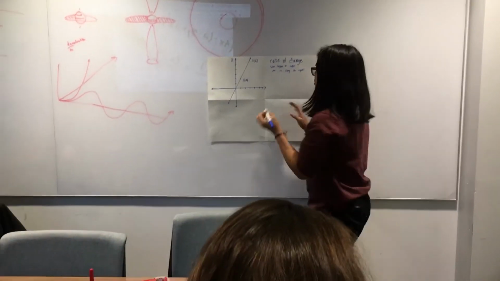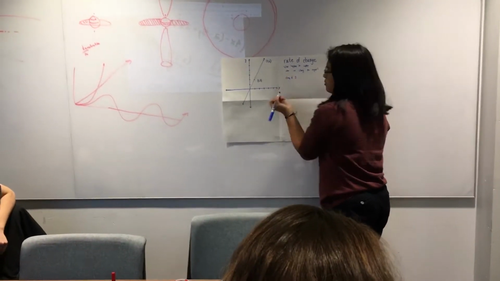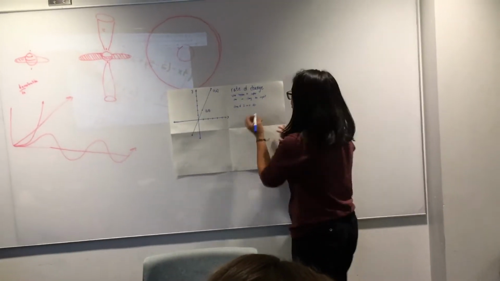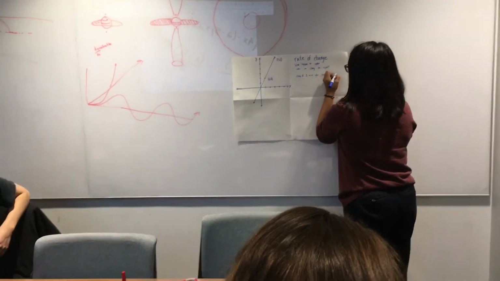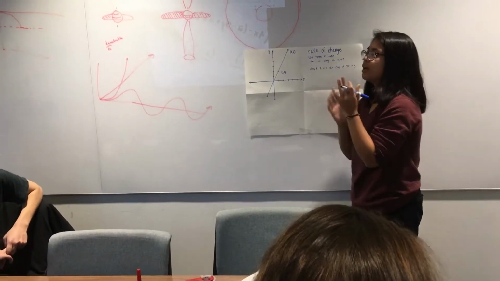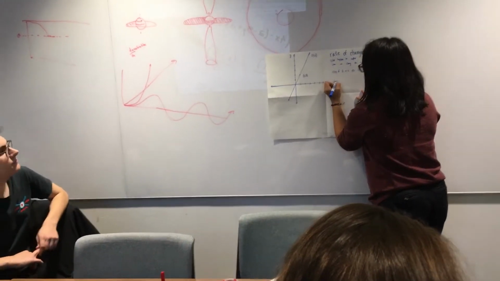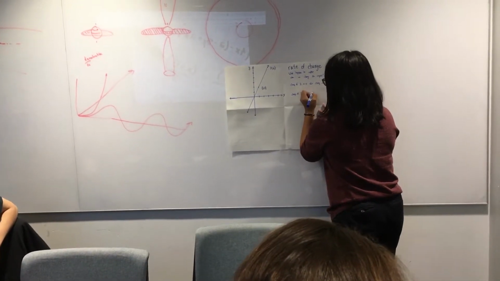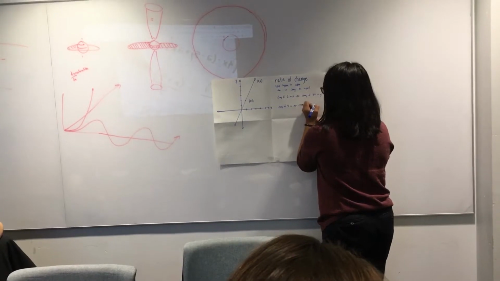So, for example, if we have a change of 2 in x, and that causes a change of, say, 30 in y, that is going to be a way bigger effect than if we have a change of 2 in x, which causes a change of just 4 in y.